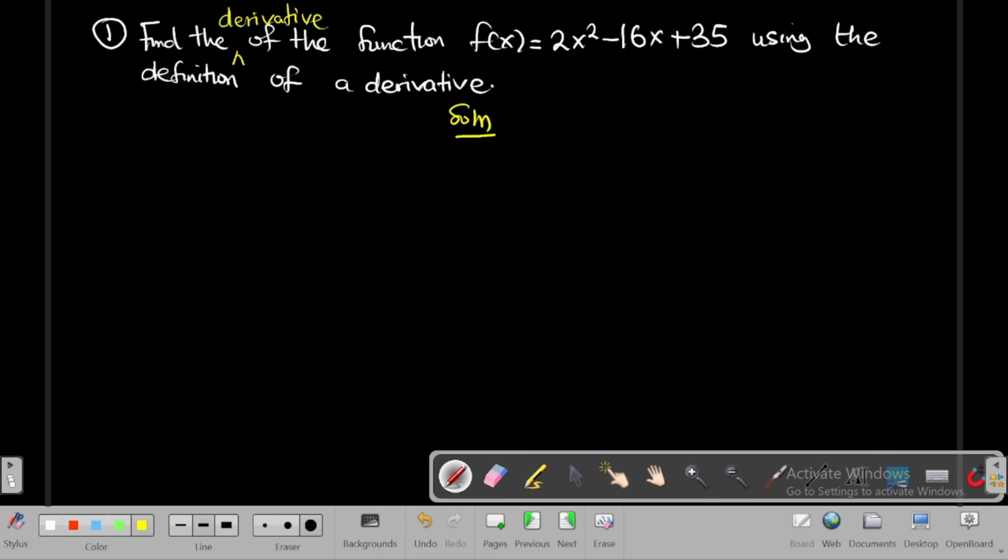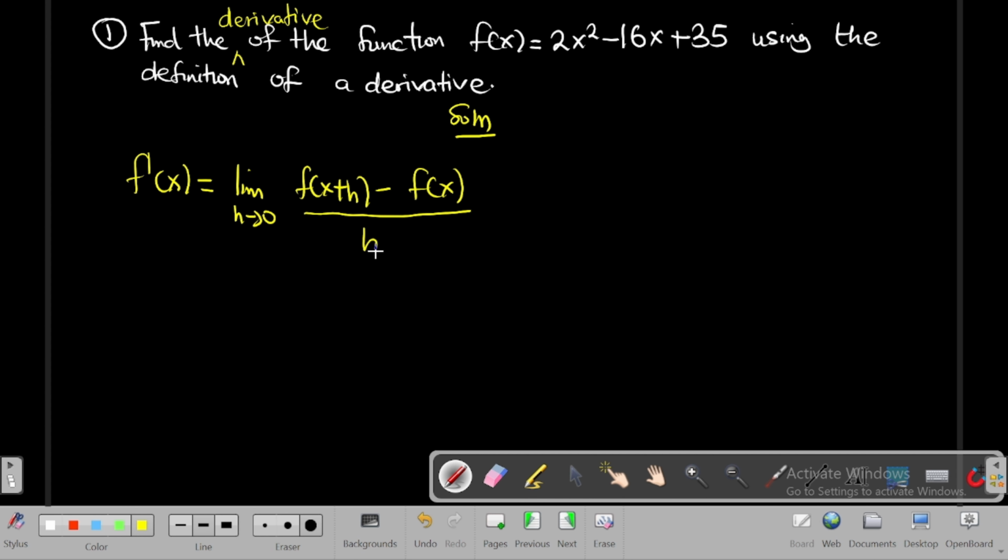So once they have asked you to use the definition of a derivative, you know that the definition of a derivative, say f prime of x, is given by limit as h approaches 0 of f of x plus h minus f of x all over h.